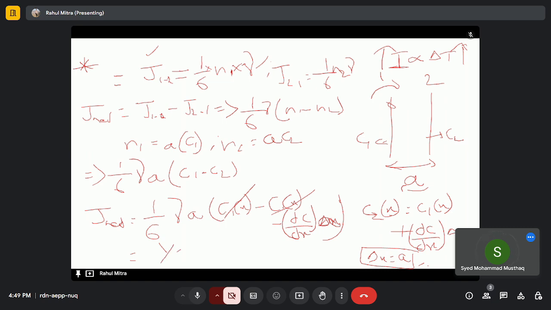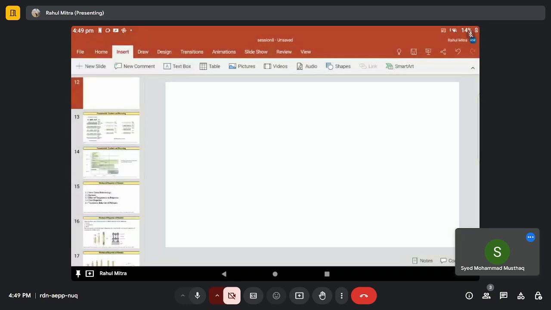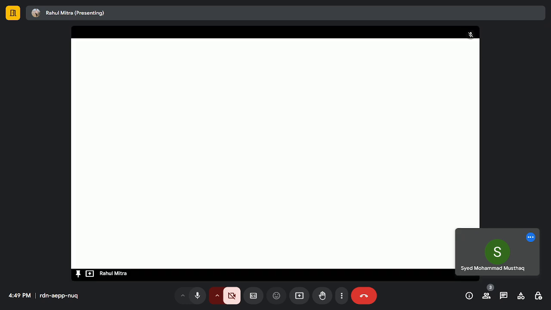We have 1 by 6 times frequency times A square times dou C by dou X. This term D is called diffusivity, and the diffusivity has the relation D equals 1 by 6 frequency times A square.